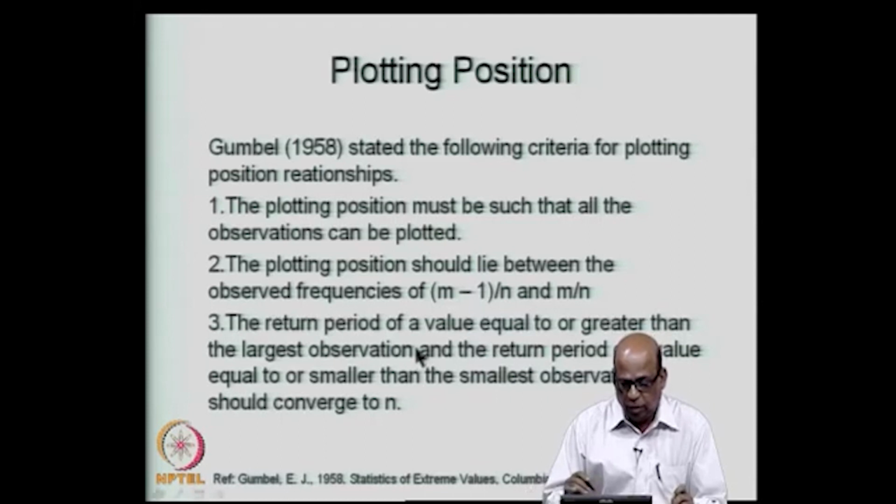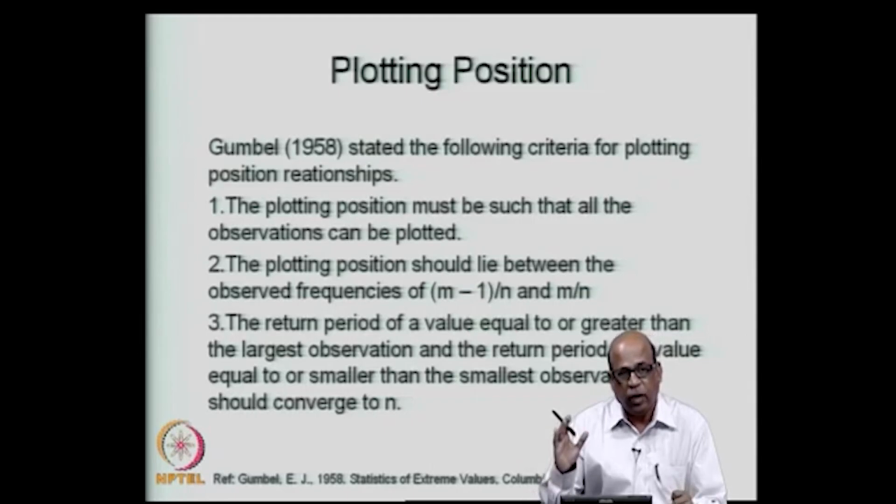The return period of a value equal to or greater than the largest observation and the return period of a value equal to or smaller than the smallest observation should converge to n. Now, this is an important and interesting property of the plotting positions. What do we mean by that? Return period is given by T is equal to 1 by p.